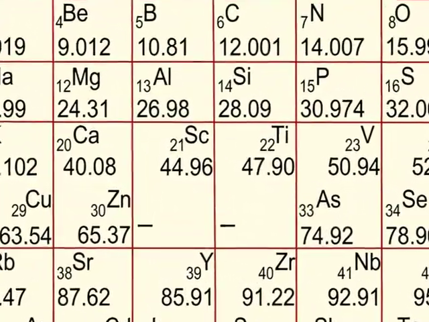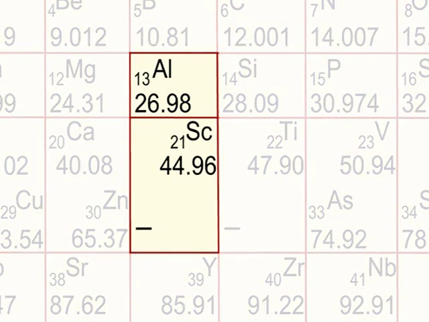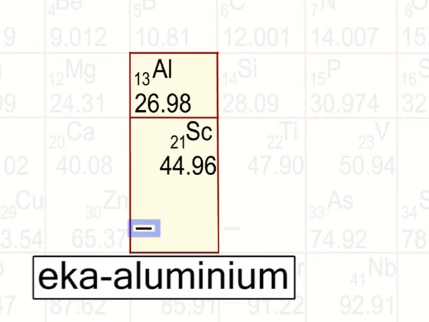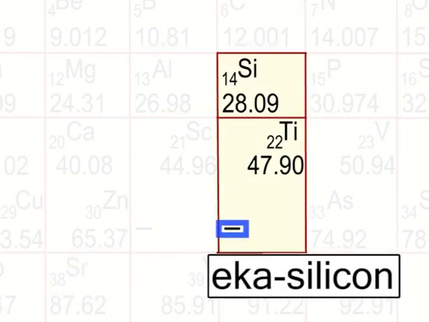Students, it is time to look at the gap under aluminium and a gap under silicon in the shown periodic table. Can you recall names of these elements? Yes, these elements are Eka-aluminium and Eka-silicon.